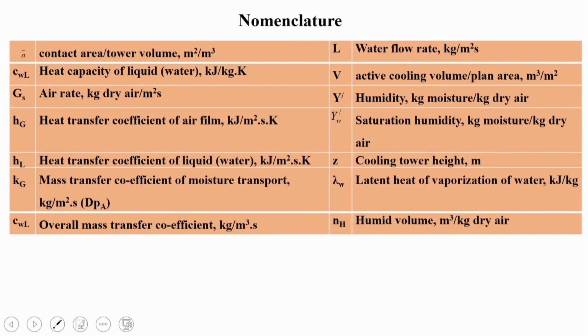And the nomenclature used for the entire cooling tower design: A bar is equal to contact area per tower volume, in meter square per meter cube, and CWL is equal to heat capacity of the liquid water in kilojoule per kg Kelvin.